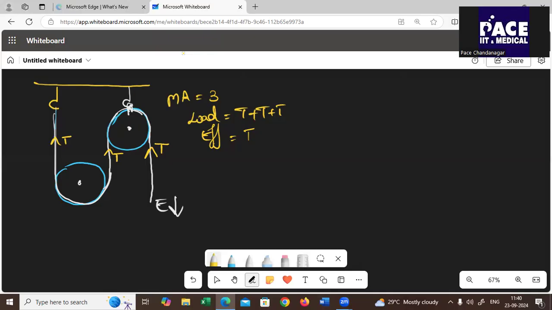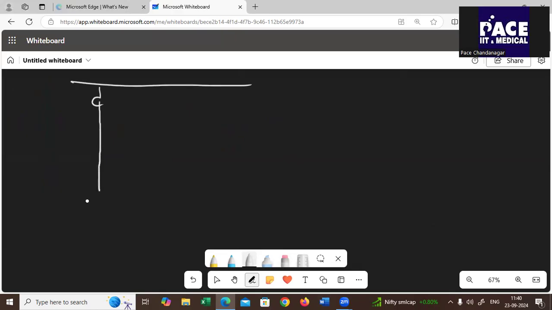Now, moving on to the next part. We do have some multiple pulleys also associated here. So what do I talk about them here? I'm going to show you, one second. Now here a hook, one pulley here, and then another hook, another hook.